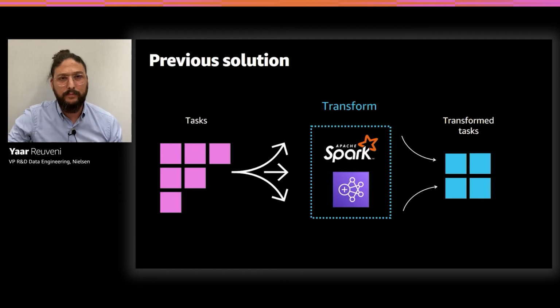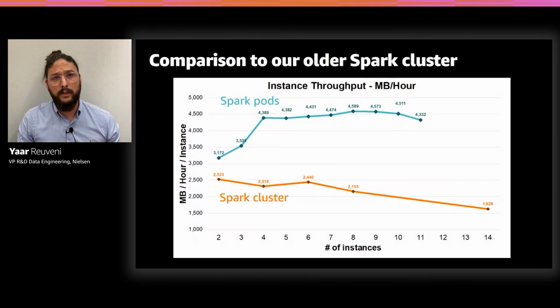So if you compare the previous solution with the new solution, you can see how the previous solution didn't have this flat line of efficiency as we added more instances. As we added more instances to the Spark cluster, we had a decline in the amount of throughput per instance we add. We actually reached a glass ceiling around 13 instances.